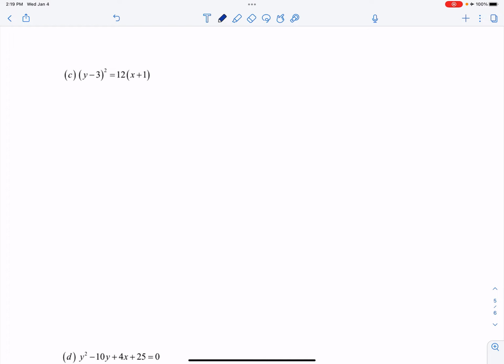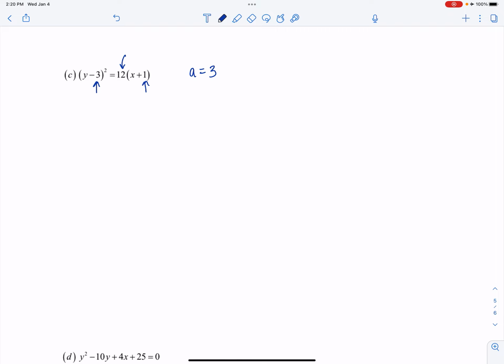Okay, this one, (y minus 3) squared equals 12 times (x plus 1). Here, we can see that the 4 has become a 12, which tells us a is a 3, because 3 times 4 gets us to 12. We also know h and k.